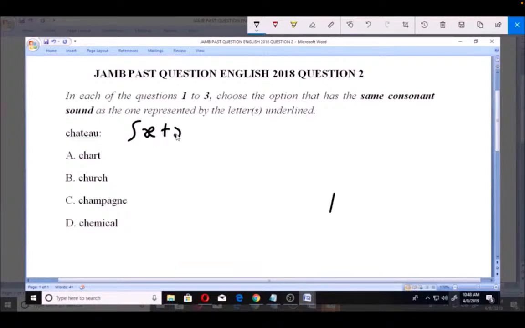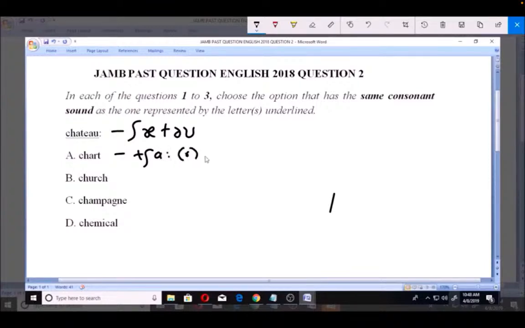See, this is the sound. But this one is the ch. It's a chart. So this is the chart sound.